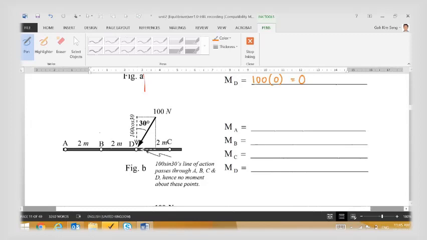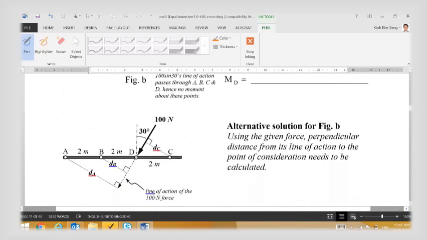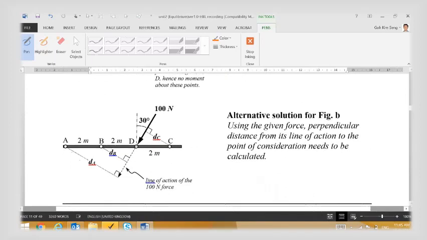The first way is by looking at the original force given, which is the 200 newtons, and this is recommended as an alternative solution.